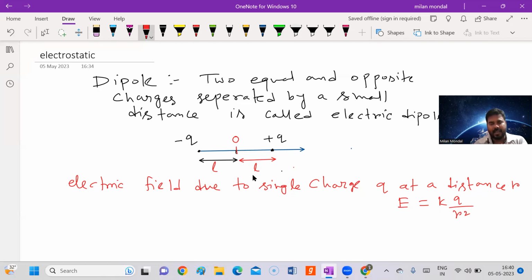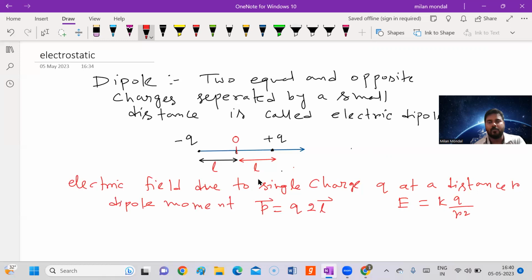Now, this dipole is defined by a term which is also very important, called dipole moment. Dipole moment is a vector quantity that is defined as the product of the charge and the separation between the charges. You can see the charge is Q and the separation between these two charges is 2L as we have taken.